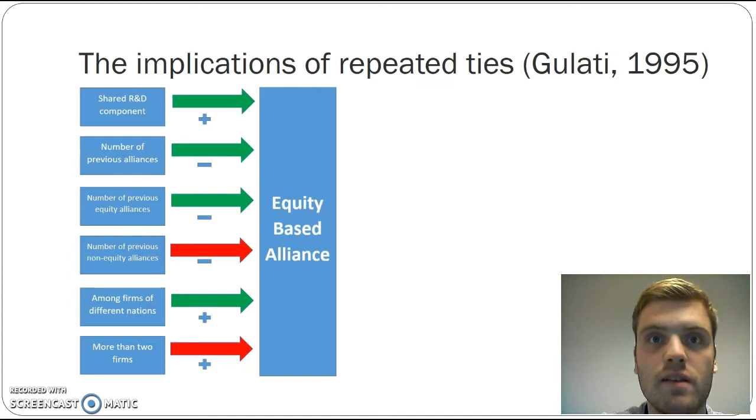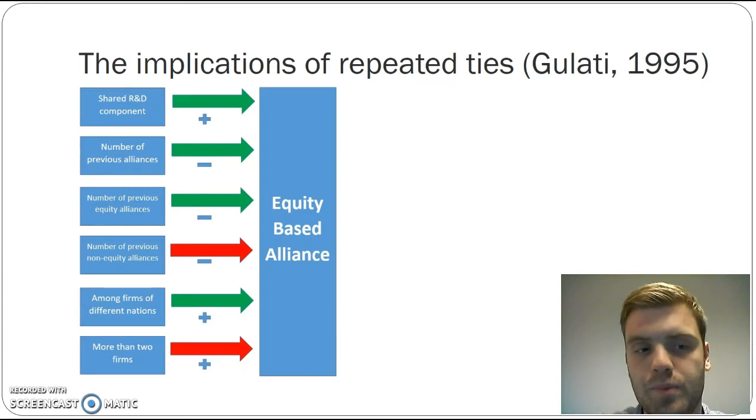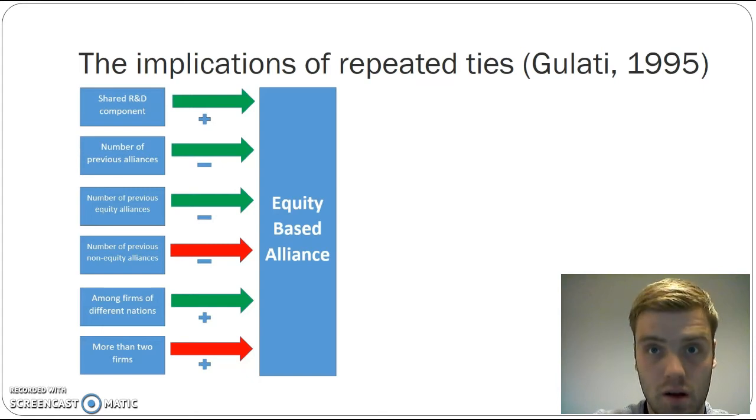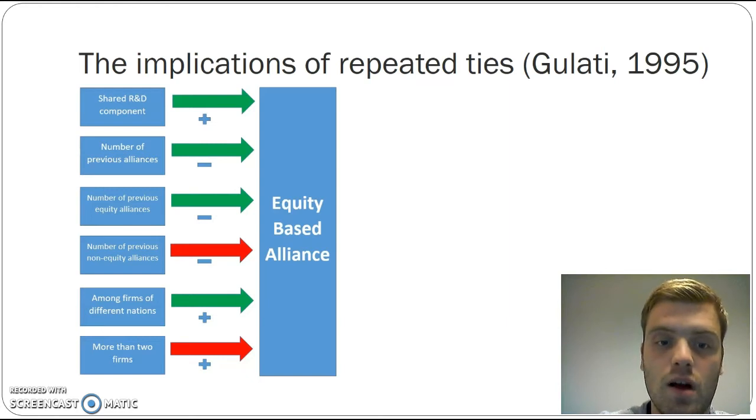This might affect the type of new alliance, because firms might prefer non-equity only if they already have had equity alliances, which ensures that they have already built up trust among each other. So the number of previous equity alliances leads to a reduction in the chance that the new alliance will be equity based.